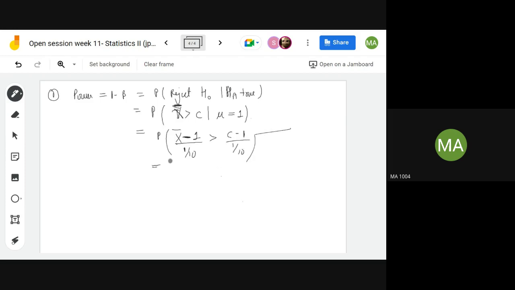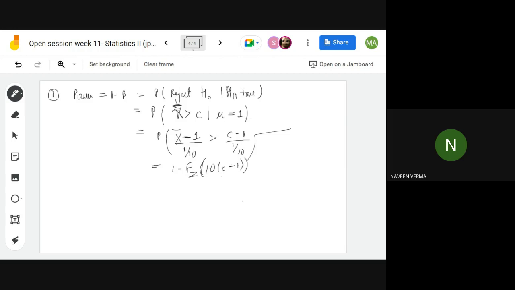And this becomes 1 minus F of root 10 times (C minus 1). So this is your power. Now you can just substitute different values for C and get your alpha and power.